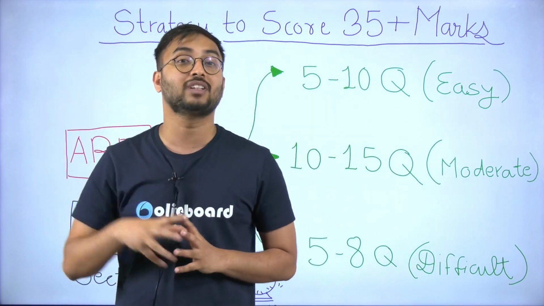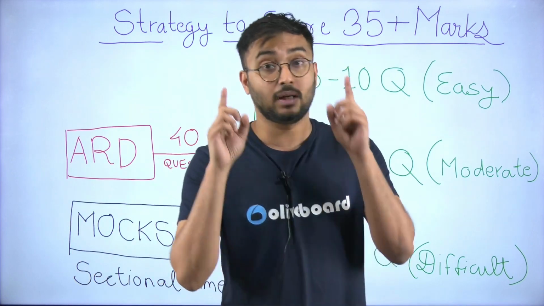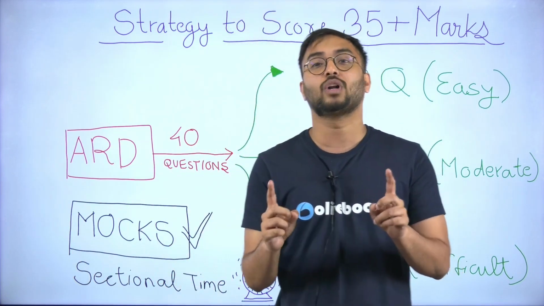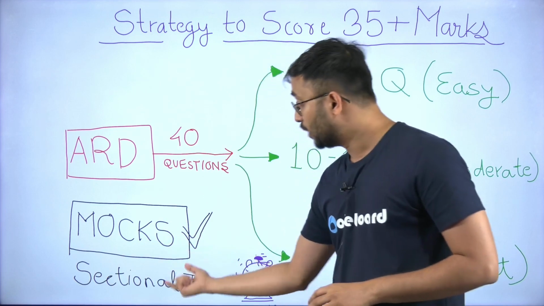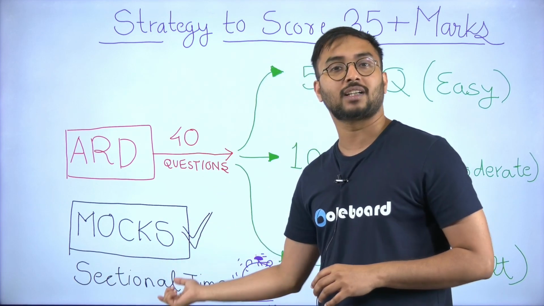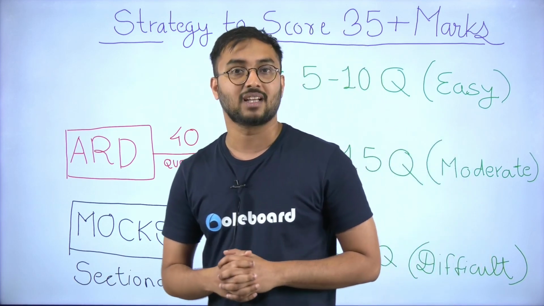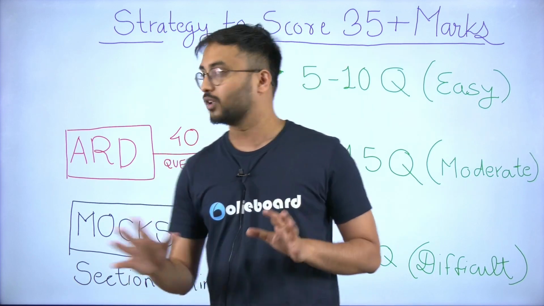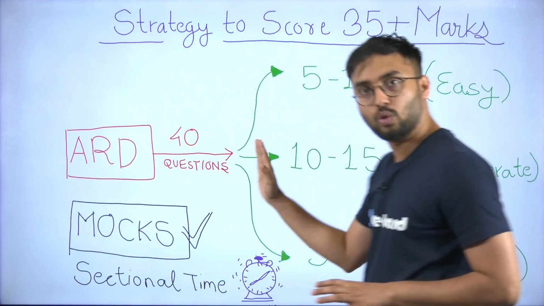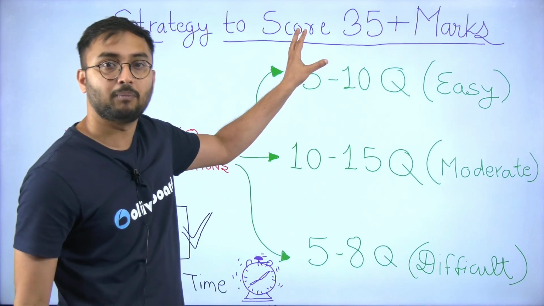And when the timer is not there, we get lethargic. This is a very important point which many people ignore and don't even know. Not having sectional time in the exam is actually not a bliss, it's a problem. So this is the only strategy to get not just 30 marks, but 35 plus marks.